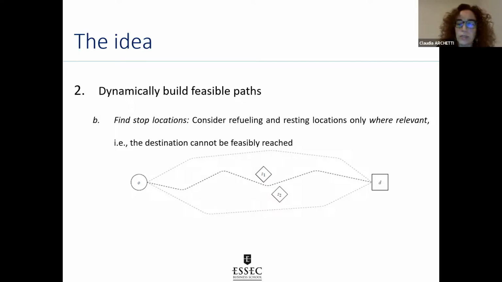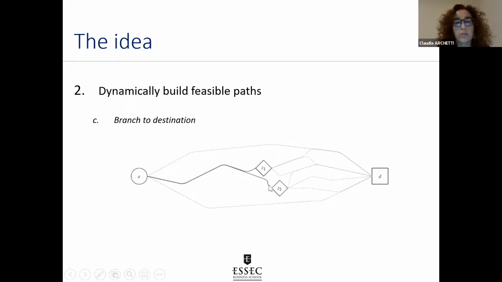We try to determine multiple locations because there are multiple alternatives. For example, if we have to stop for refueling, there might be multiple refueling stations close to the place in which we have to stop, and we want to consider all of them to determine the best choice. For example, here we have determined 2 stop locations.